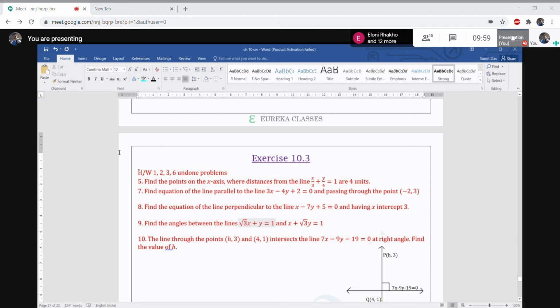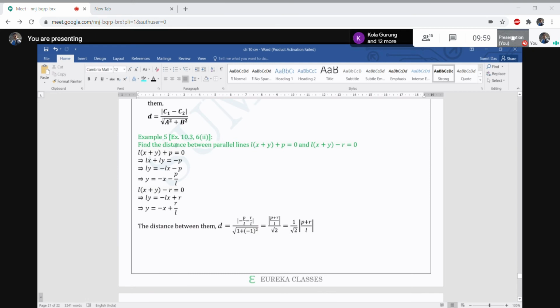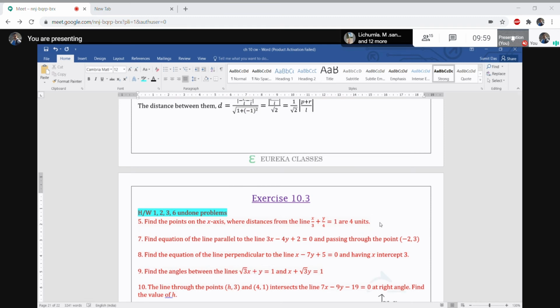You can see all this in this part. Some problems I did in the examples, like in example 5 I did this question from 10.3, problem 2. So the undone problems, all you have to do. That is the homework. As I mentioned, today I will extend up to at least 10:30. For those who are leaving, you can leave, no problem.